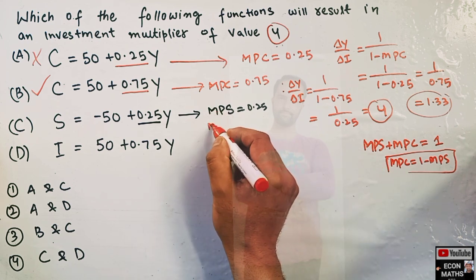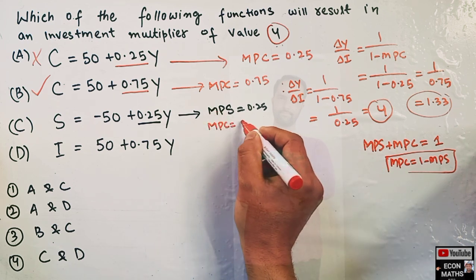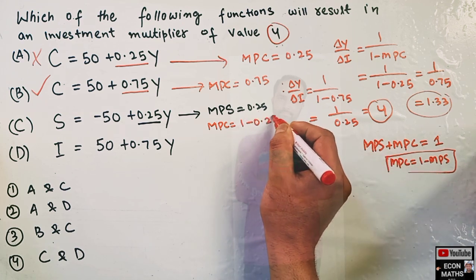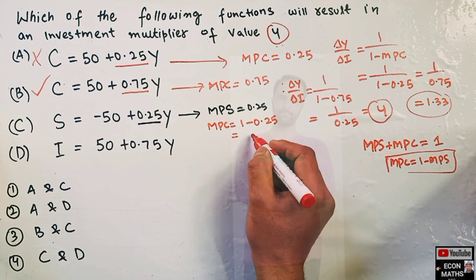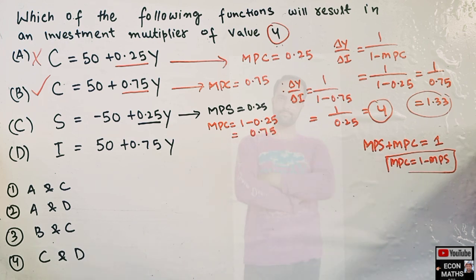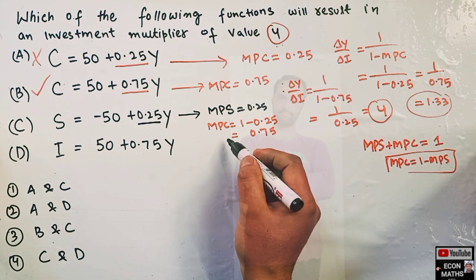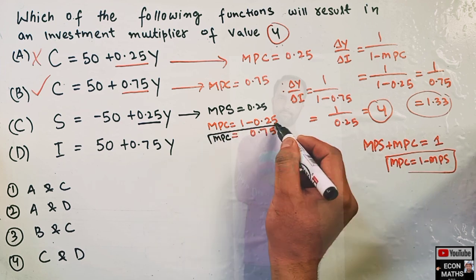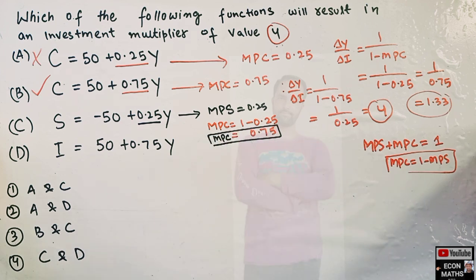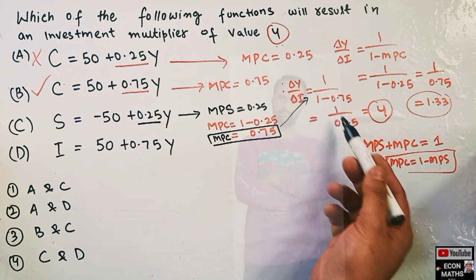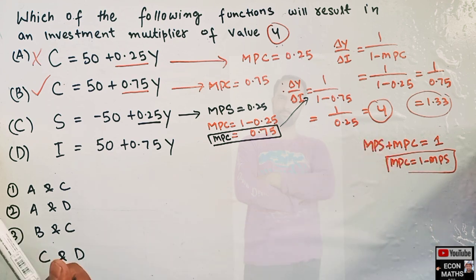MPS is 0.25, and this comes out to be 0.75. Again we got MPC equal to 0.75. So if we plug this into our investment multiplier function, we will again get 1 upon 0.25. So this option is also correct.